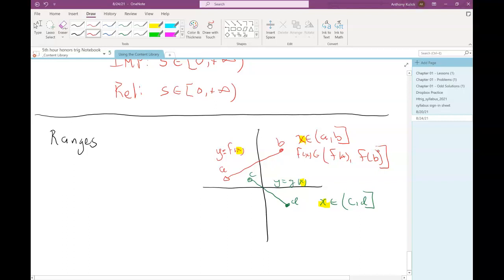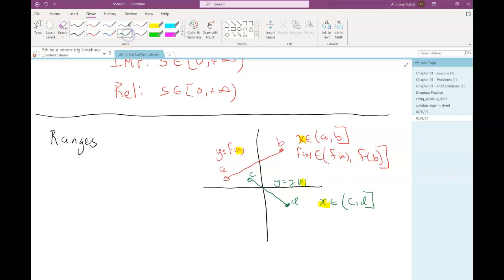Does that feel okay there? f of x is a member of, that's just the member symbol, and then I have the bracket, f of a, comma, f of b, with the parenthesis. So notice the bracket and the parenthesis stayed with the a and the b from the domain.